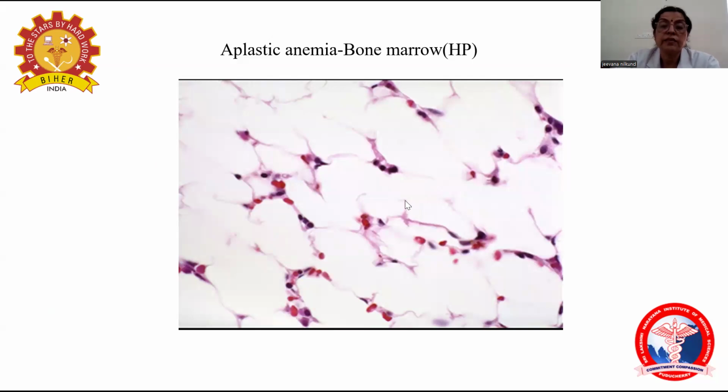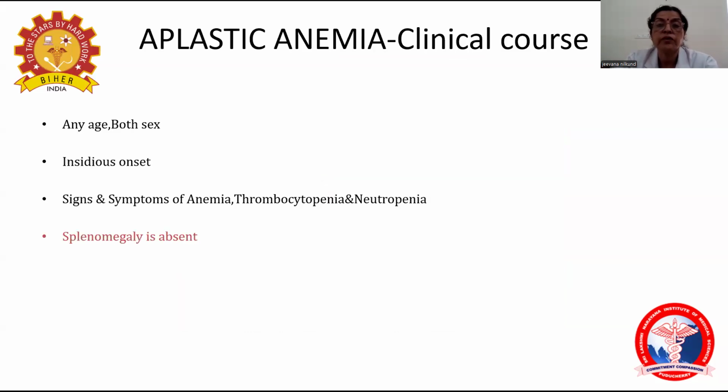If we take this at a bigger magnification, these empty spaces are all the fat cells, and these small cells are mainly lymphocytes. So in general, all the cell lines are reduced and we are seeing mainly the lymphocytes. This is a case of aplastic anemia where the bone marrow is hypoplastic.